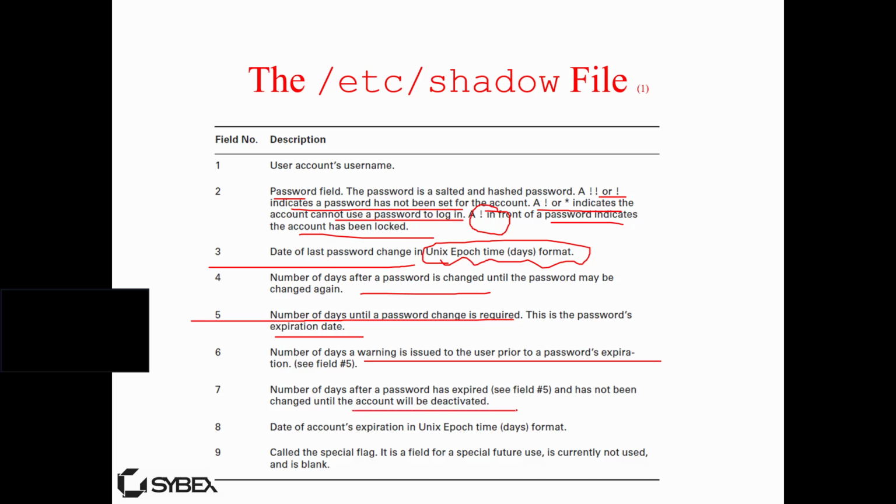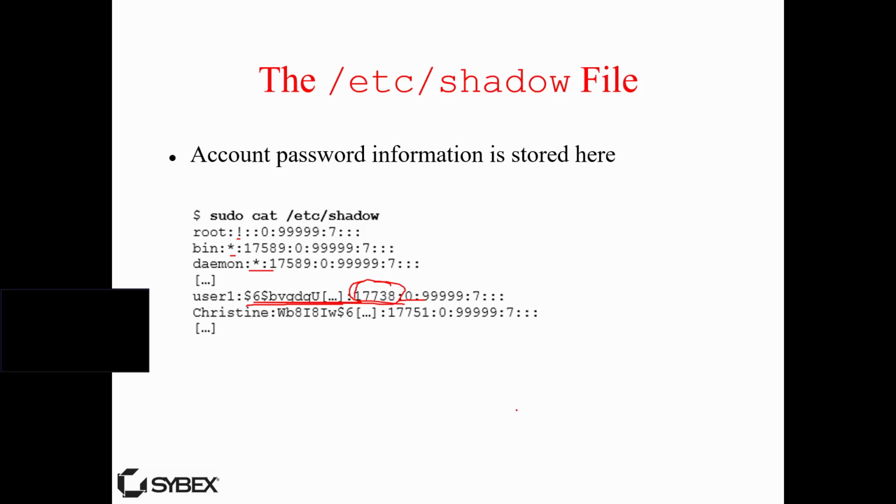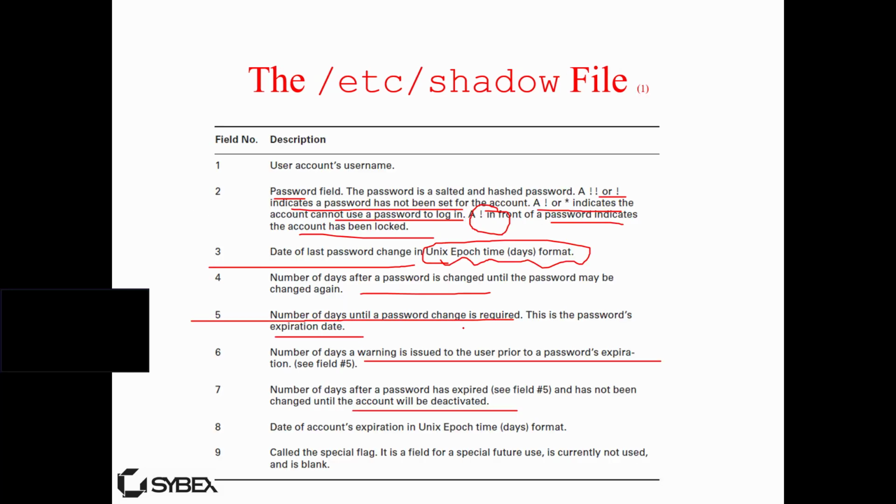If the user's password expires and the user takes no action for these days, the account is deactivated. So we have the last password change date and the expiration date.